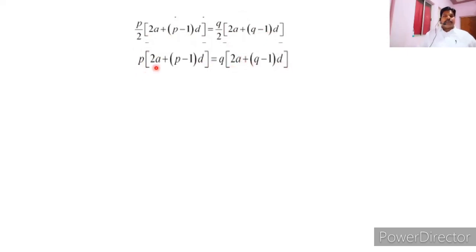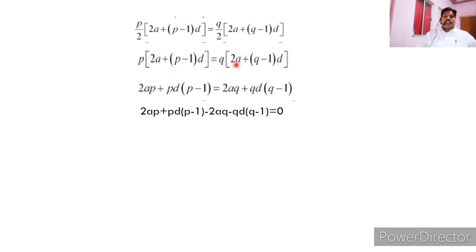Just take the p inside. What happens? p into 2a is 2ap plus pd into (p minus 1), and take the q inside: 2aq plus qd into (q minus 1). All understand, students? Just multiply the terms.